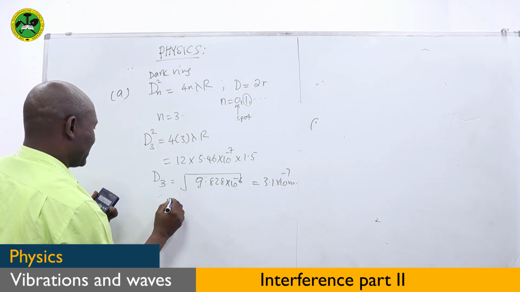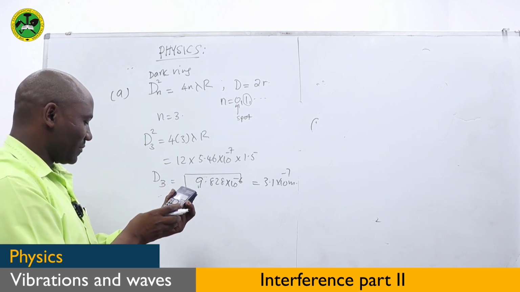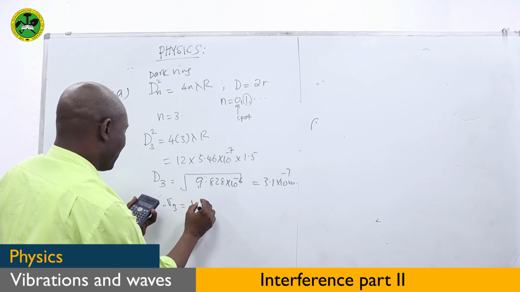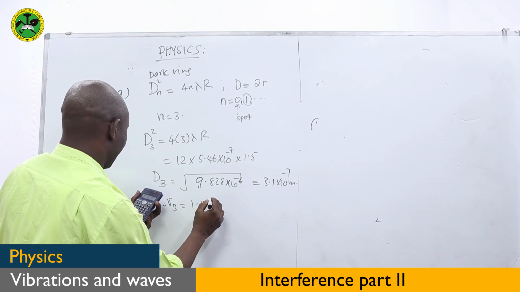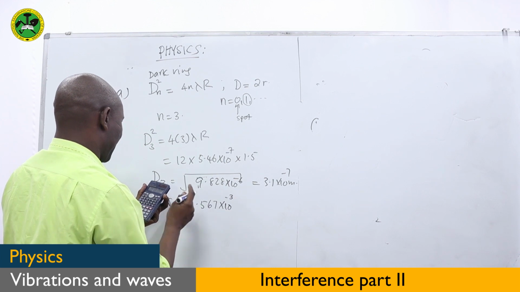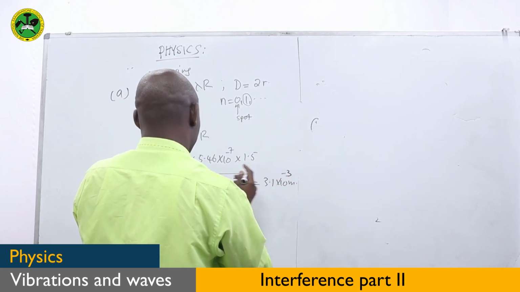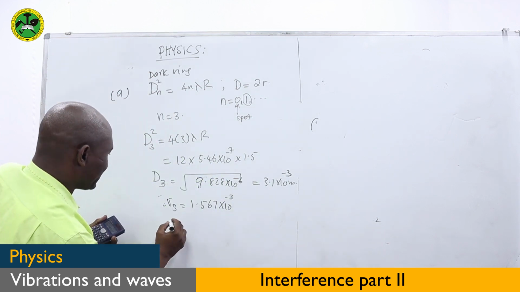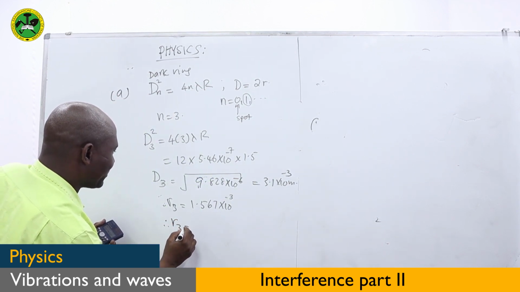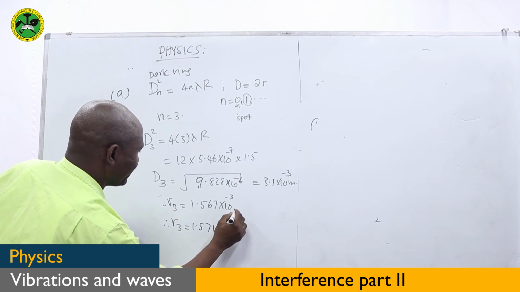So the radius of the third will be 3.13 divided by 2. You get 1.567 times 10 negative 3. So this is the radius corresponding to the third ring, which means it's 1.57 millimeter.